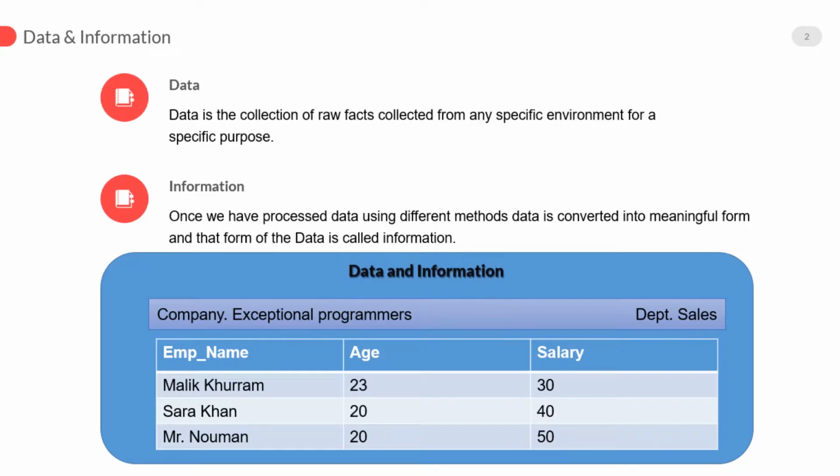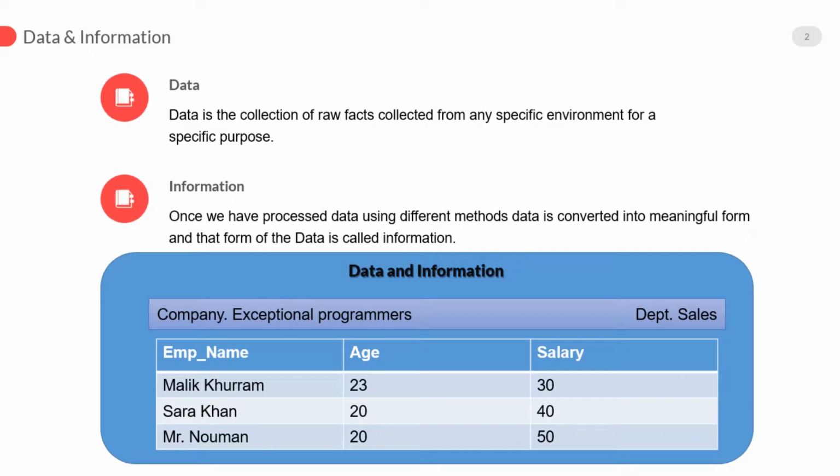For example, data and information. If we consider the data in this figure without the titles or the labels associated with the data, employee name, age, salary, then it is not much useful. After attaching these labels, it brings some meaning to us.